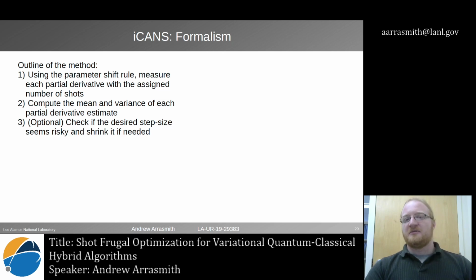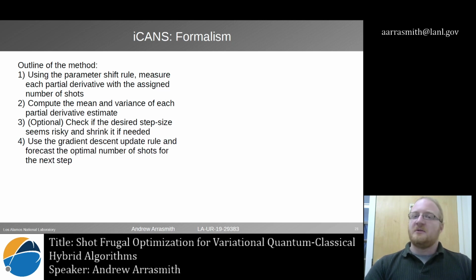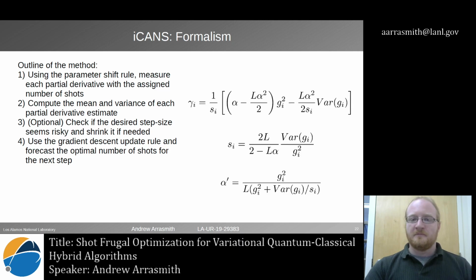Then there's an optional step where we consider shrinking the step size if it looks like we're going to have the risk of overshooting. And then we just use the standard gradient descent update rule, but also forecast the precision that we will need for the next step based on what we're seeing.